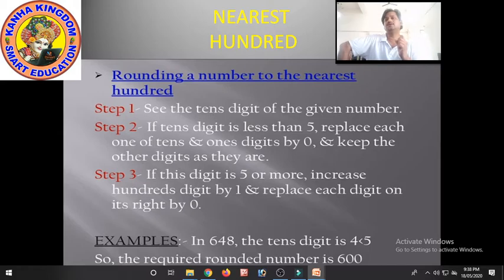So students, you all understand the nearest ones, nearest tens and nearest hundred. Now I move to the other topic, that is nearest thousand.